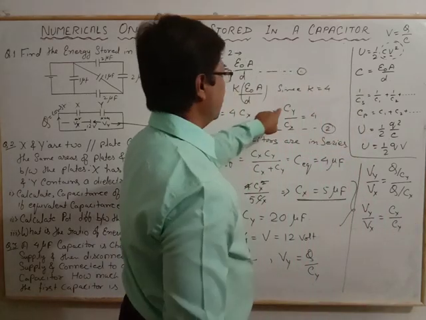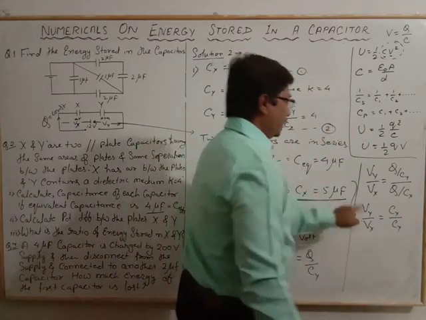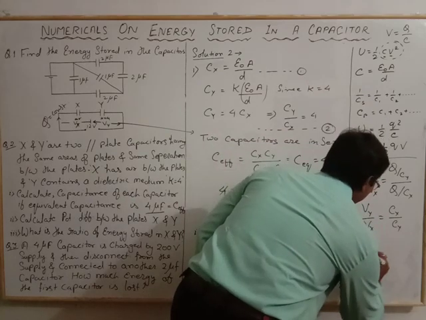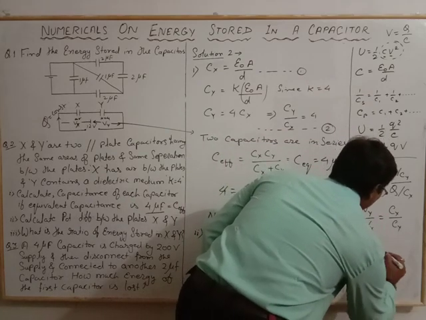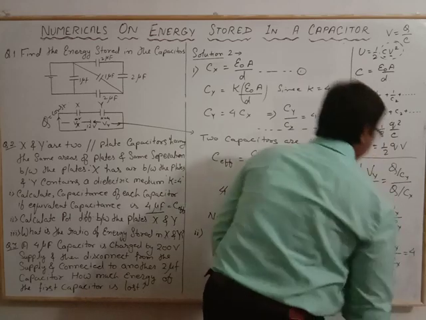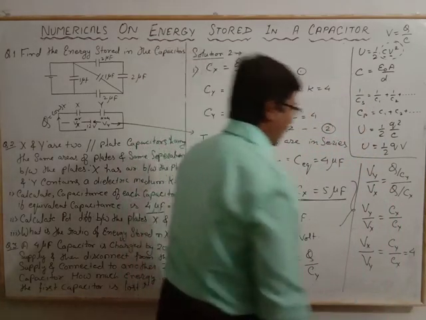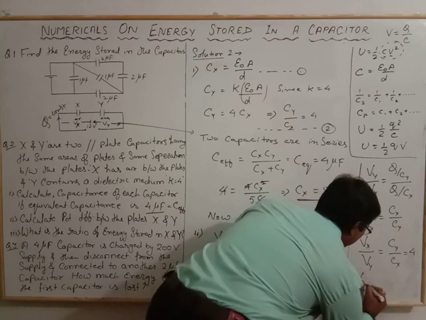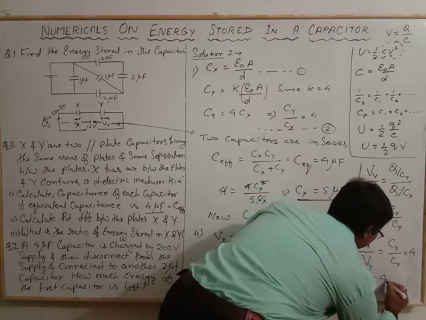So Vx by Vy is equal to Cy by Cx, which is equal to 4. So again we have the potential Vx is equal to 4 times Vy.